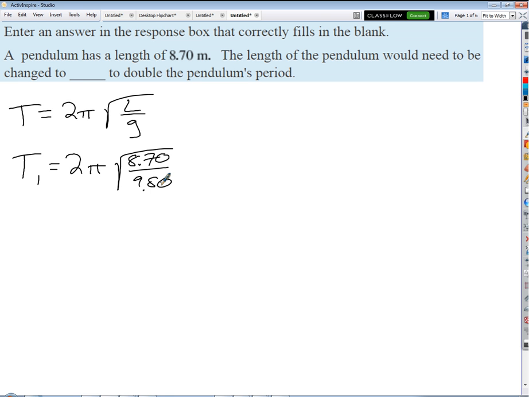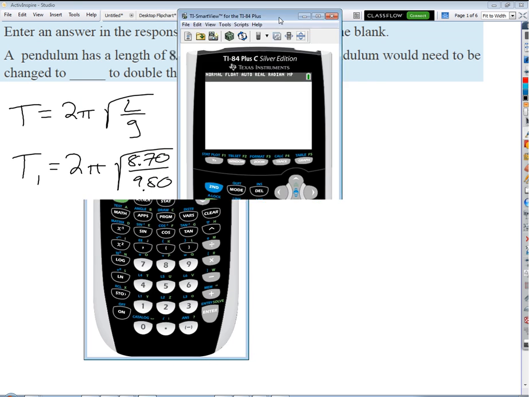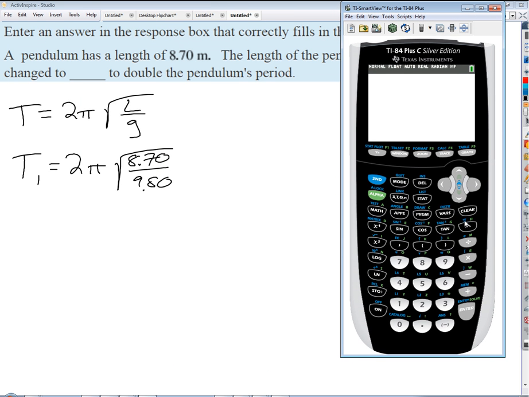And if we do that, we get a number. What do we get? So 2 pi times the square root of 8.7 divided by 9.8 gives us 5.92 something.